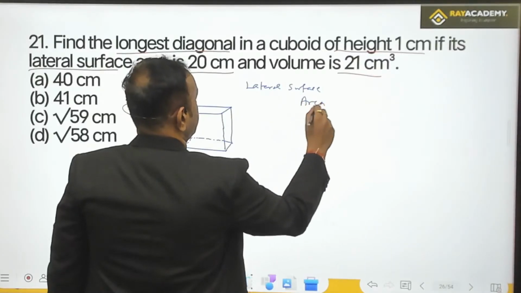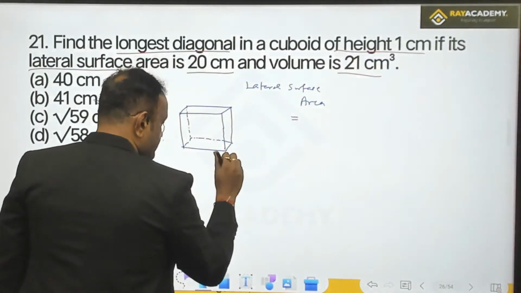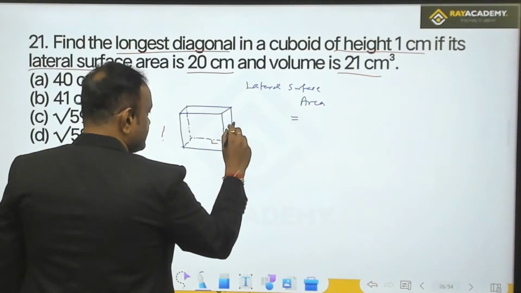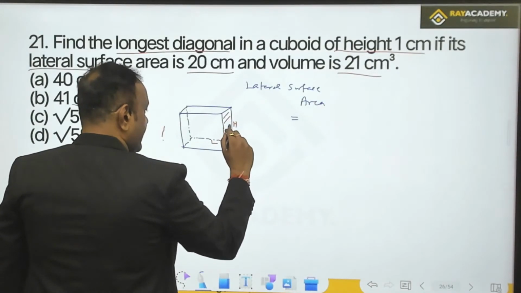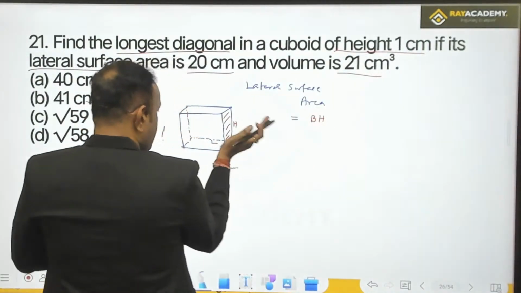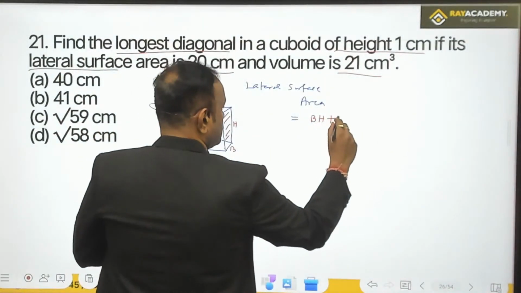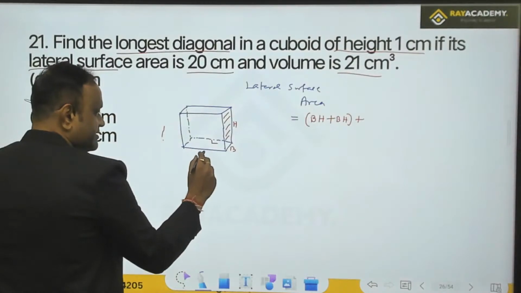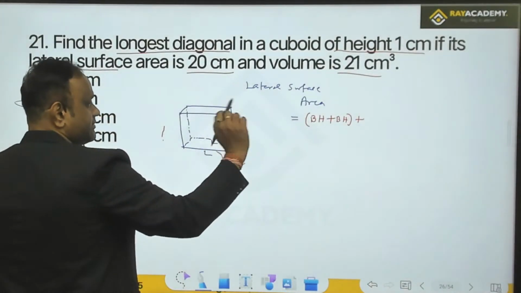Here this is the breadth, this is length, this is height. So this rectangle's area is BH. Similarly the other side is also BH. Plus the front side is L and H, LH.